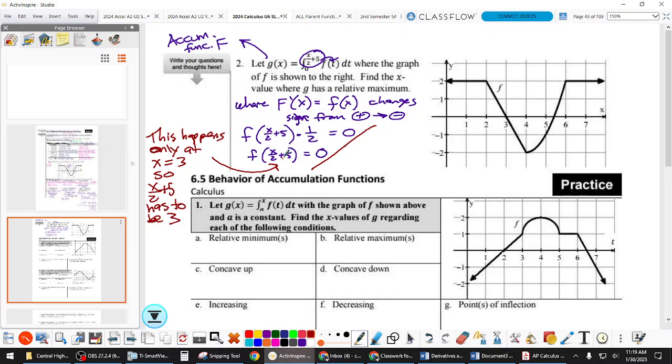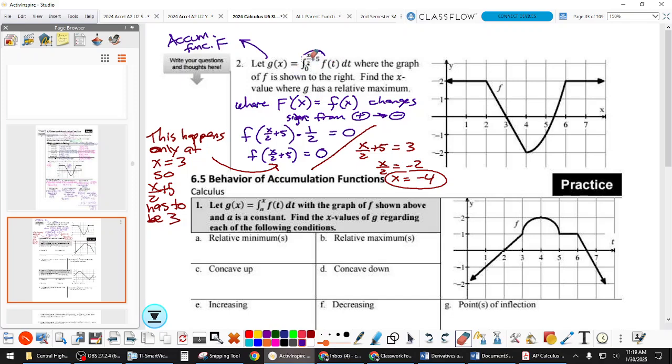Yeah. So okay, I understand why we would do that. But how does the interval that we're looking at the integral change the value of the points? It doesn't. It doesn't change.